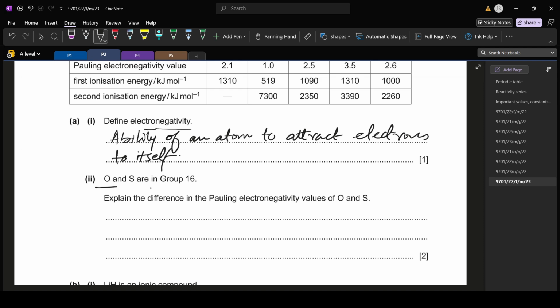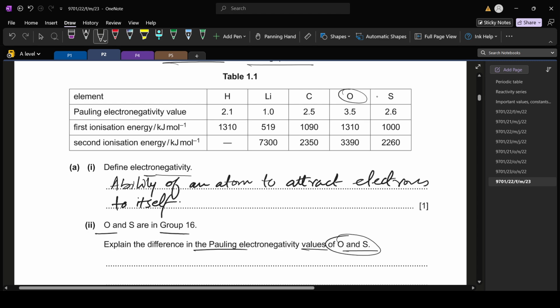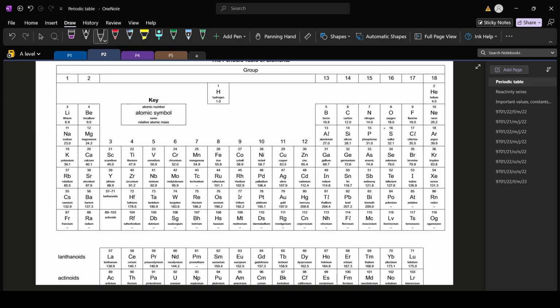Now oxygen and sulfur are in group 16. Explain the difference in the Pauling electronegativity values of oxygen and sulfur. The electronegativity of oxygen is 3.5 and sulfur is 2.6. In the periodic table, oxygen is above sulfur, in different periods.